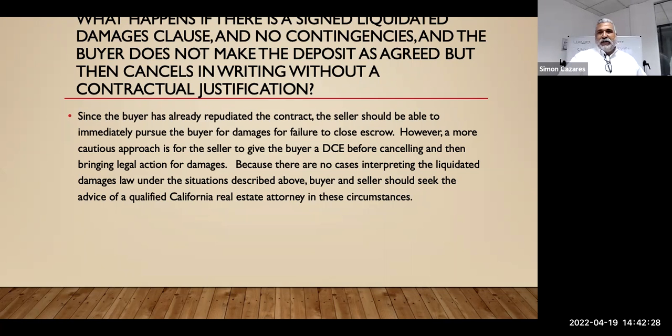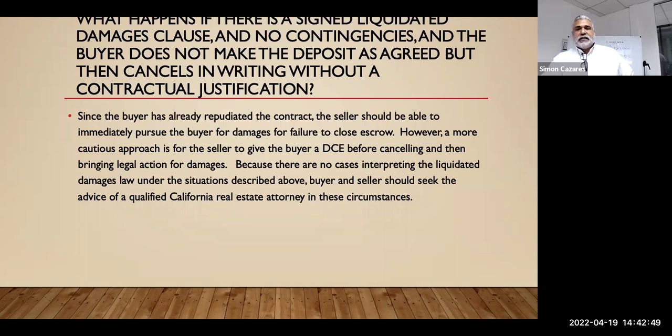However, a more cautious approach is for the seller to give the buyer the demand to close before canceling and bringing legal action for damages, because there is no case interpreting the liquidated damage law under the situation described above.